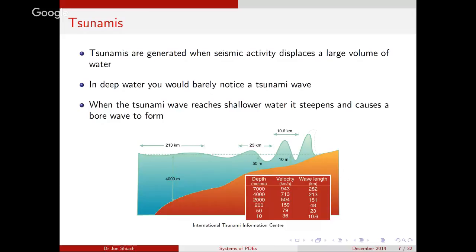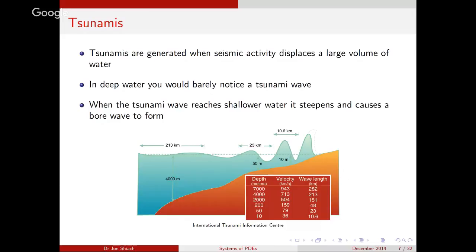The wavelength of a tsunami is 213 kilometres. So it's such a long wave, and it's got a height of about a metre, so you barely notice it. We divide depth, which is 4 kilometres, by 213, and you get less than 1/20. So we can use the shallow water equations to model tsunamis, even though technically speaking it's deep water. When we refer to shallow water, it's that ratio of depth to wavelength.